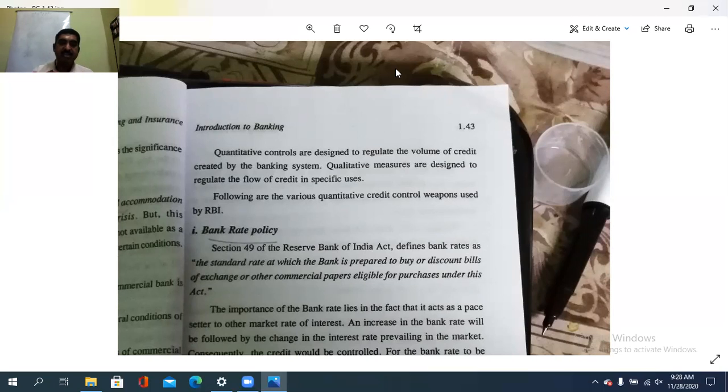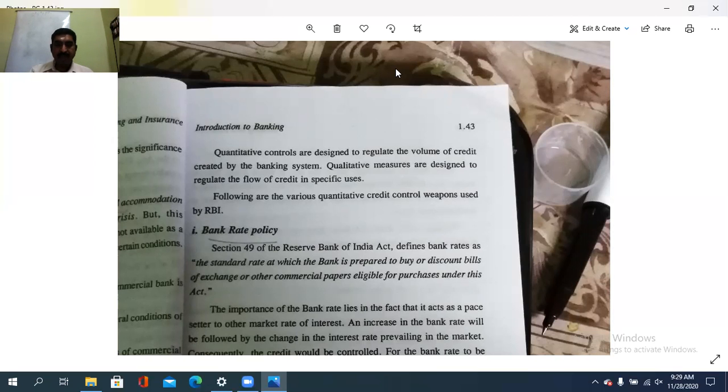That standard rate is called the bank rate policy.